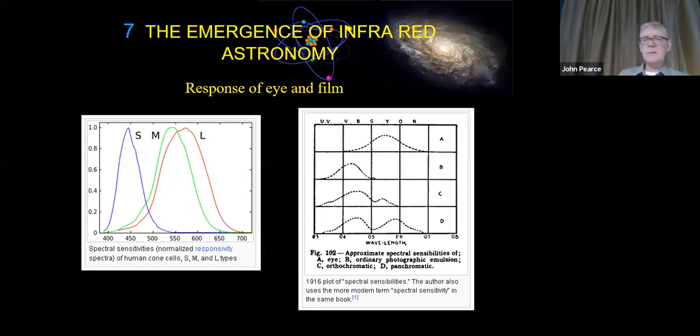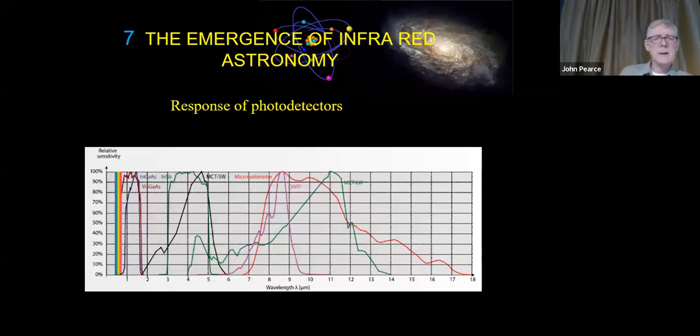So if we now look at other forms of light detector, we have a picture here, which at the extreme left shows the little window for the visible light, and then it shows the response of a whole series of photodetectors that can be used, including various chemistries of different photodetectors made from alloys and semiconductor junctions.